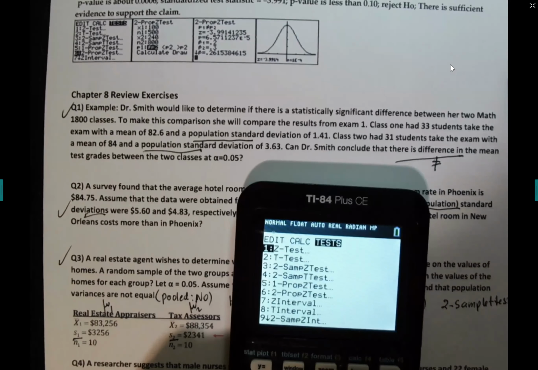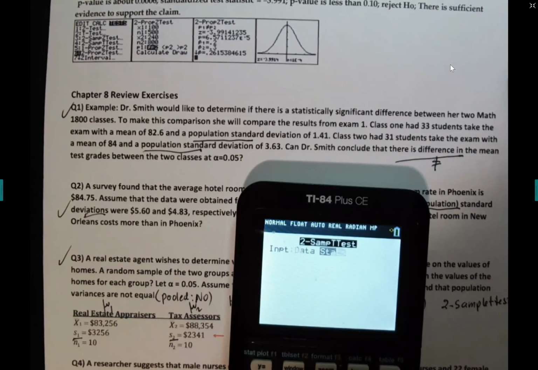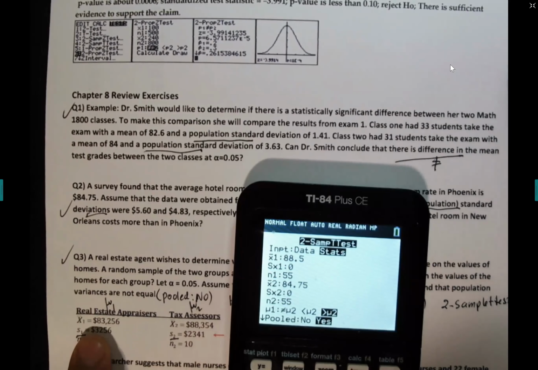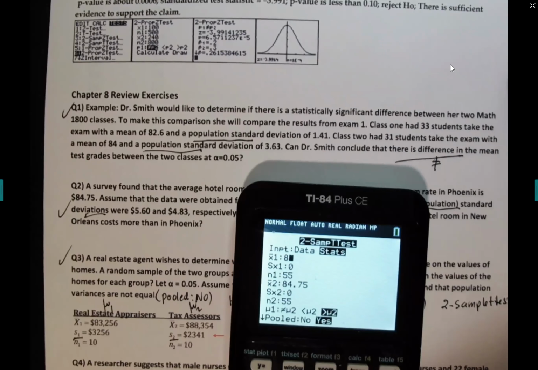Stat, tests, number 4. Okay, X1 bar, that's what the real estate appraisers appraised the house. Average appraisal value of a house is 83,256. S1 is 3,256.